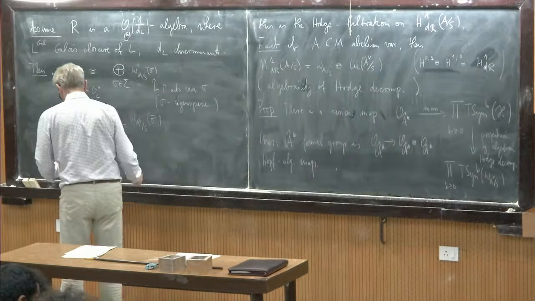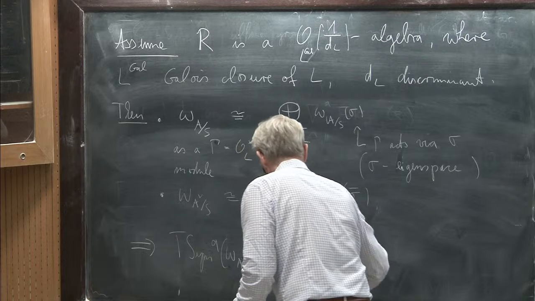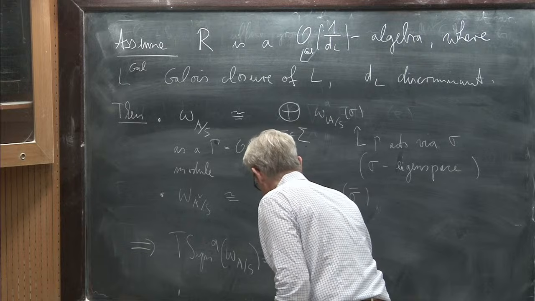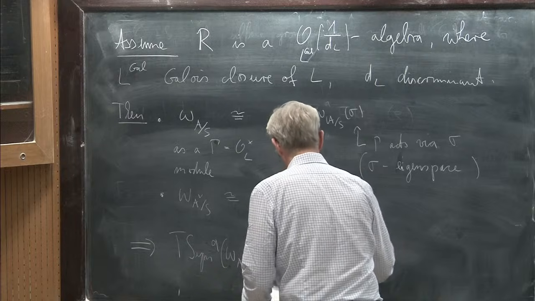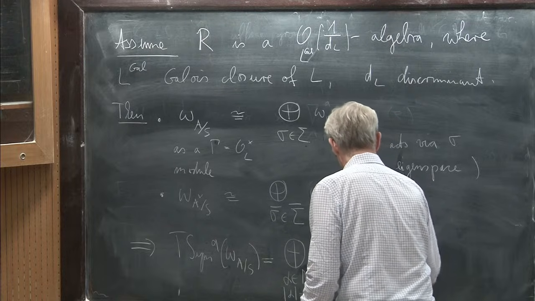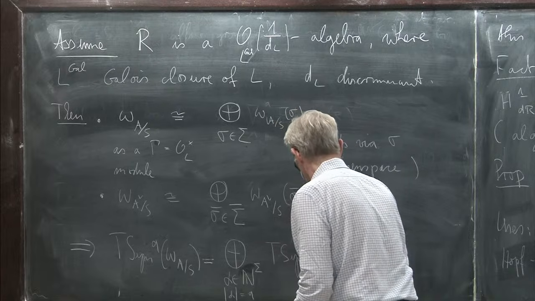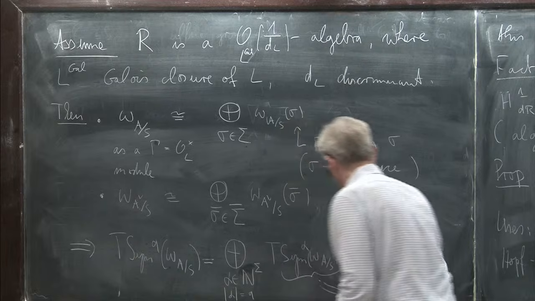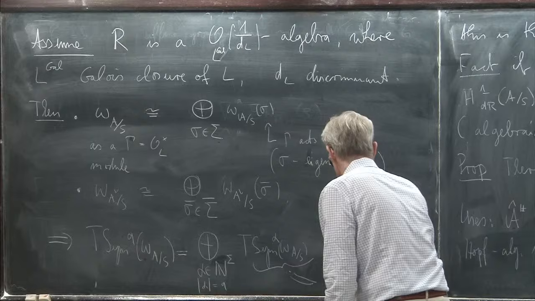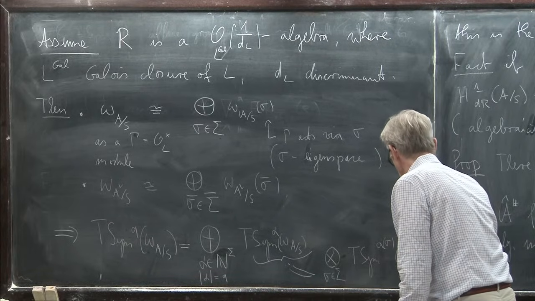So this decomposes into the sum over all alpha, which are just sigma-tuples of natural integers which sum up to A, of Tsym alpha of omega A S. By this I mean, this is defined to be the tensor product over all sigma in Sigma of Tsym to the alpha sigma, which is now an integer, of omega A S sigma.